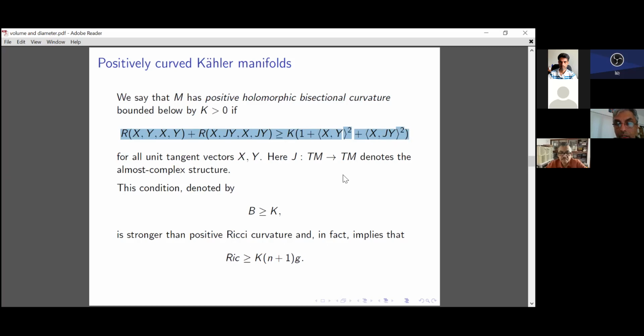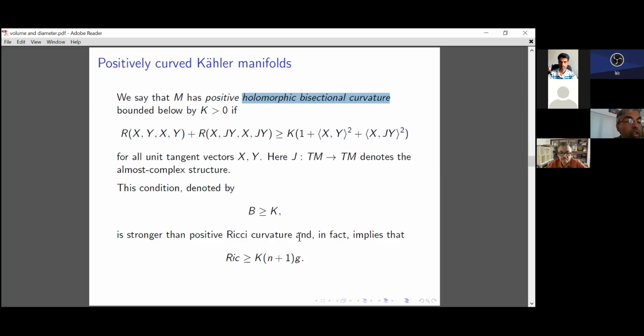The Goldberg-Kobayashi paper sheds some light on this, but still it's not as geometric as sectional curvature or Ricci curvature. But why this has been studied extensively is that almost any theorem which can be proved on Kähler manifolds with the usual sectional curvature assumptions can be proved just by replacing sectional curvature by holomorphic bisectional curvature, both in the positive and negative cases.